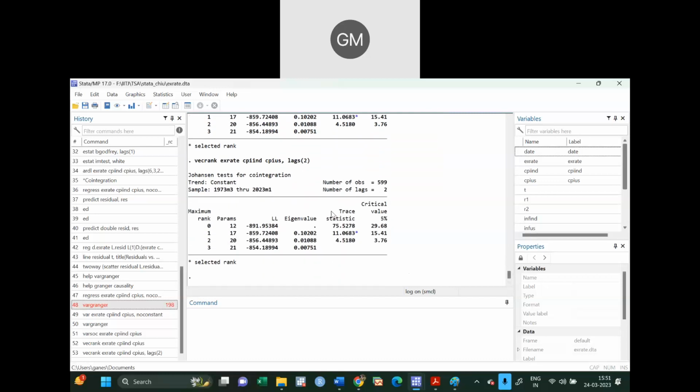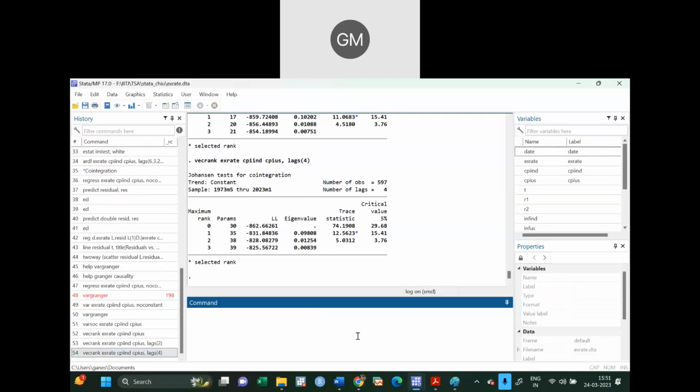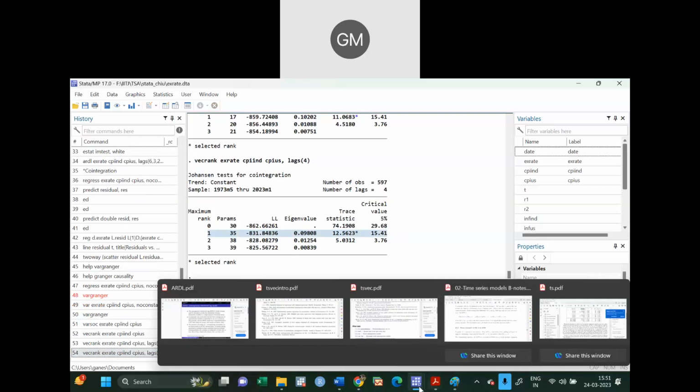With the 2 lags, it's giving 1, and I believe even with the 4 lags, it's going to give you the 1 cointegrating relationship only. The good thing about Stata is that it tells you which maximum rank you should go with, right? So number 1.